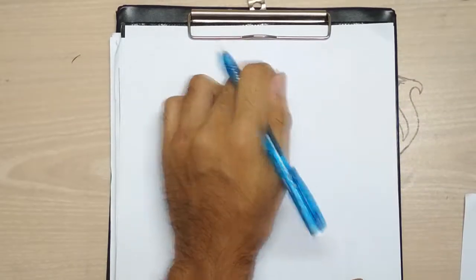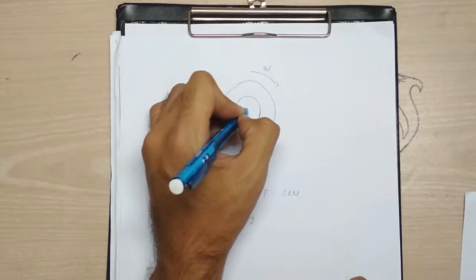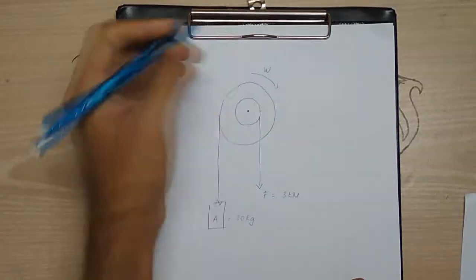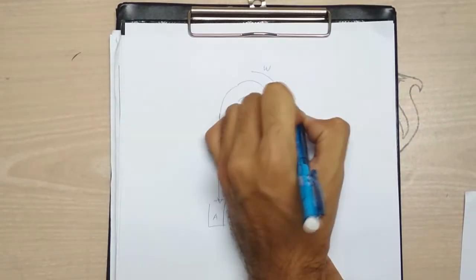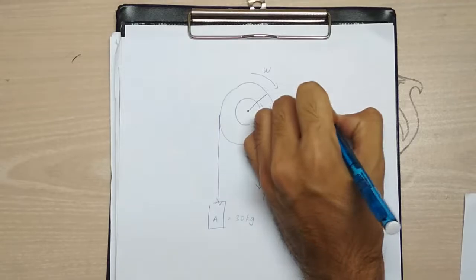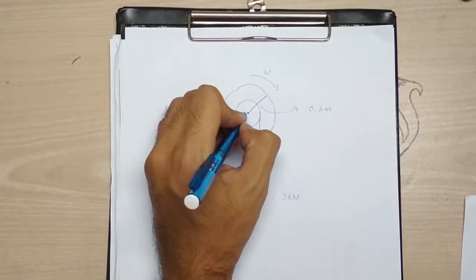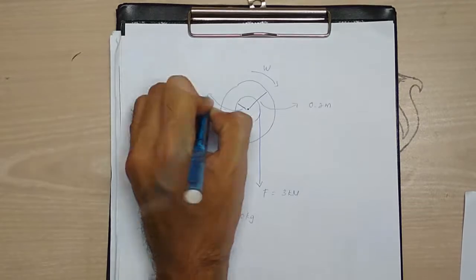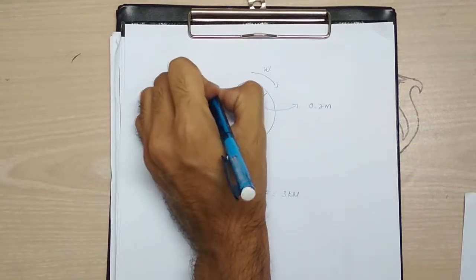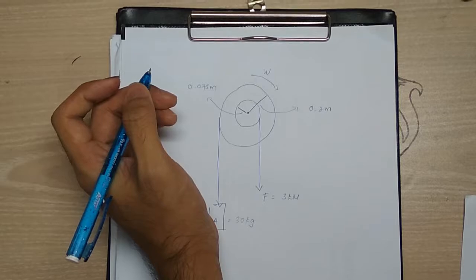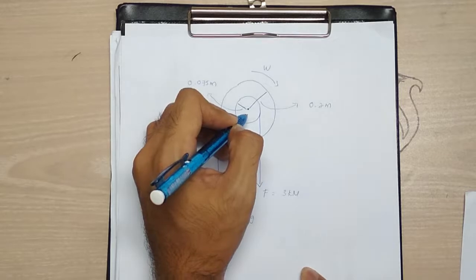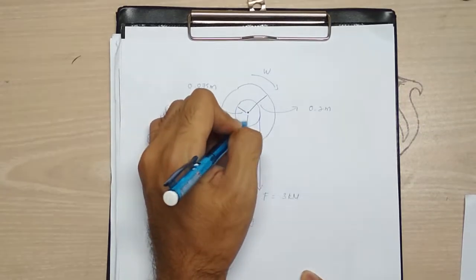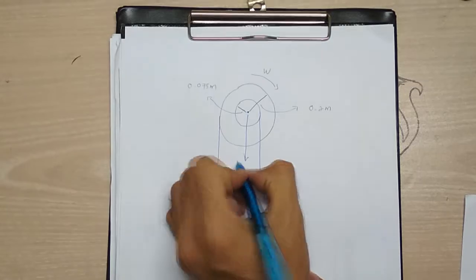So this is the rotation of omega, and then the radius for the big one is 0.2 meter, and for the small radius is 0.075 meter. From the question, as we know, the mass of the pulley is 10 kg.